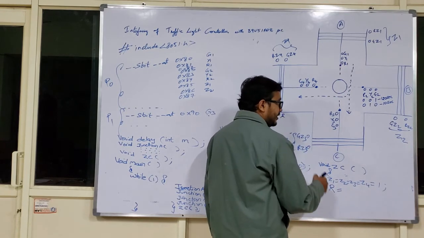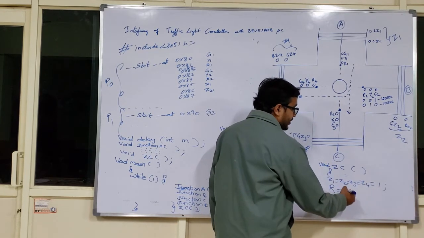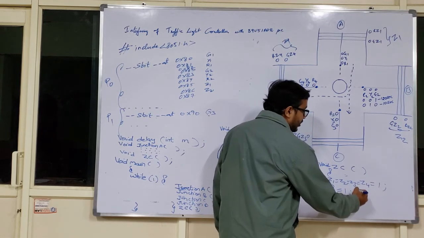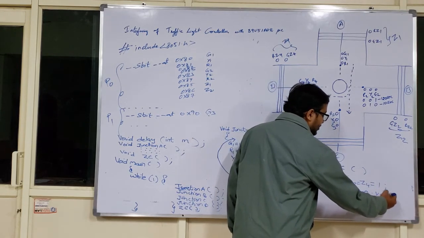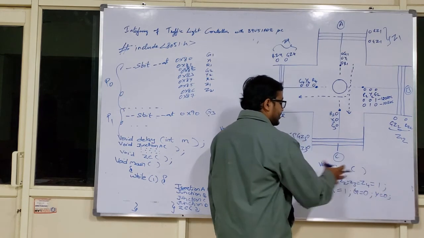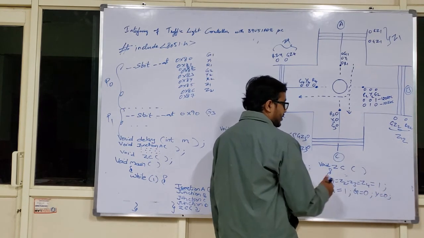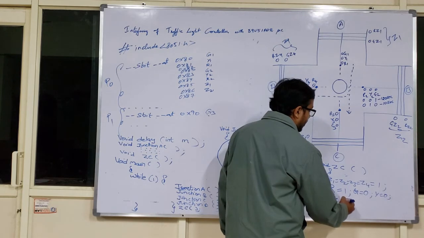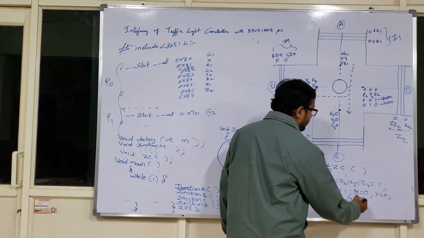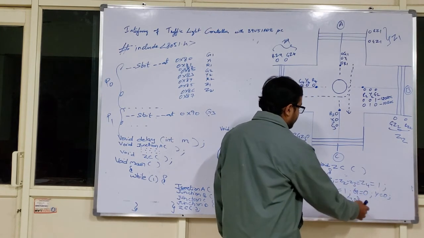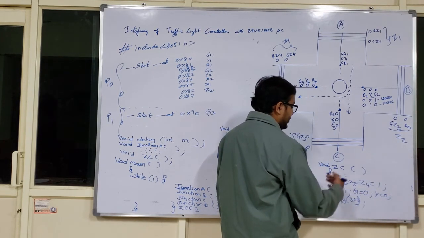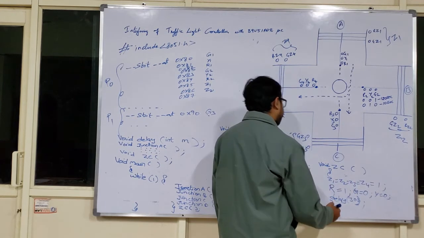You should understand that it is for all the red lamps, which will be equal to 1, and all your green lamps will be equal to 0, and all your yellow lamps are also equal to 0. The status of the zebra crossing should sustain for a delay of 30 seconds, or delay of 30. Just use the semicolon, which indicates that the definition has completed, and close your brace.